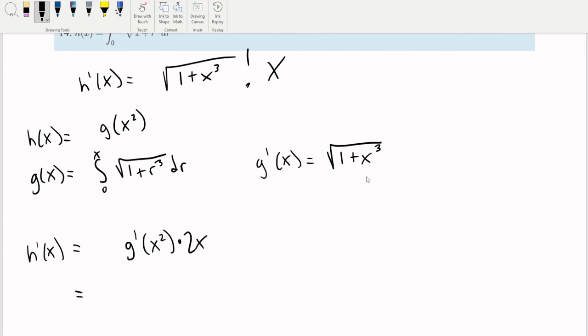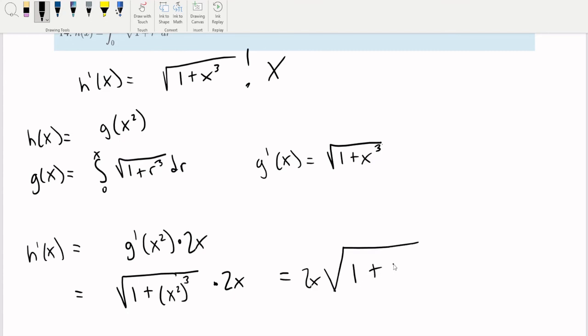So that's 1 plus, now instead of x cubed, I don't plug in x, I plug in this x squared, times 2x. Which, of course, you can rearrange if you want, to write it a little bit nicer. There you go. That's my derivative.